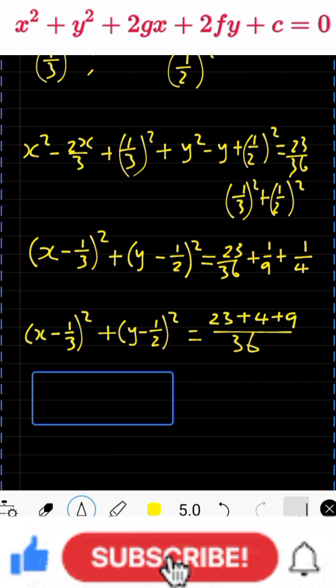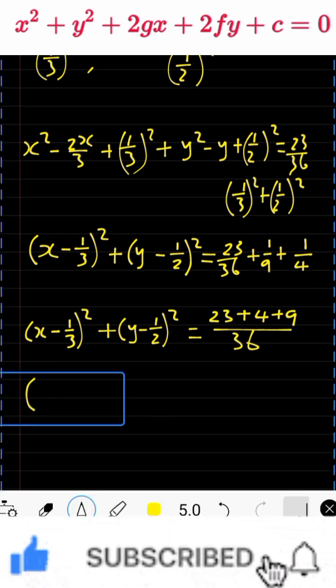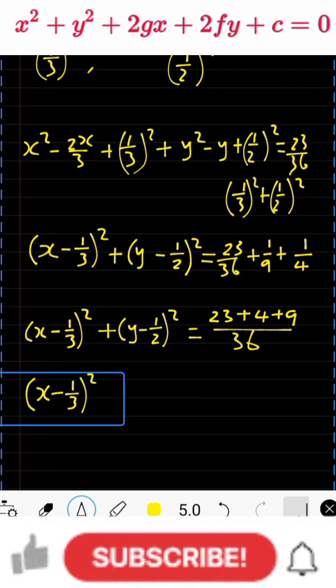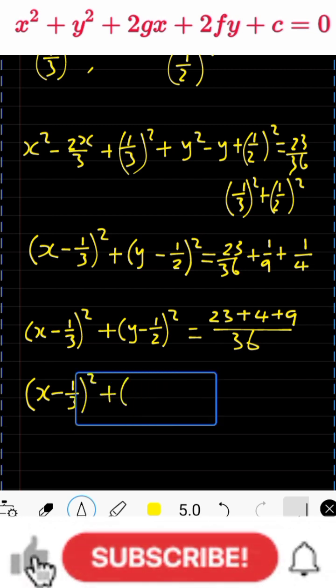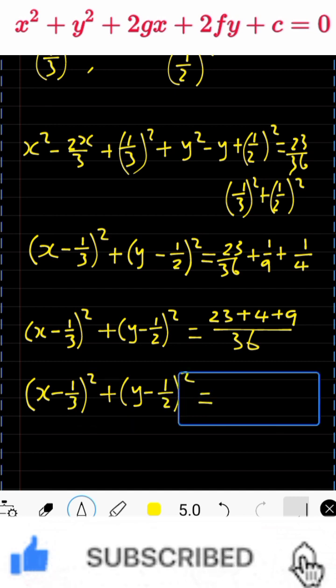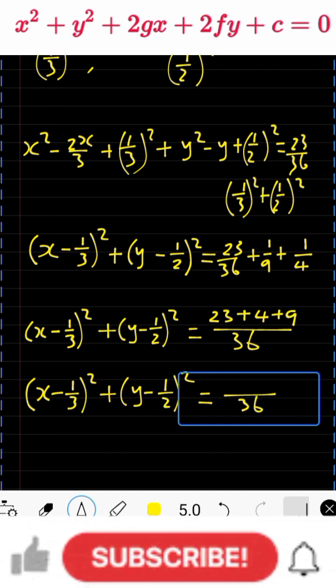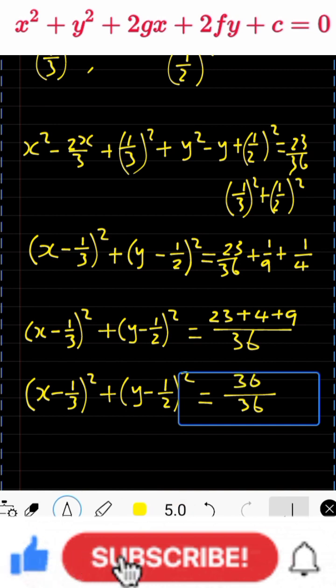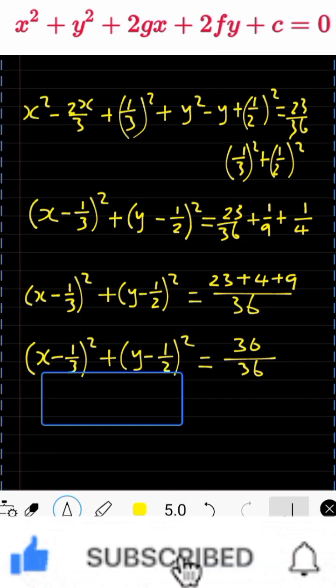So the expression becomes x minus 1 over 3 squared plus y minus 1 over 2 squared is equal to 23 plus 4 plus 9, which is going to give us 36. So 36 divided by 36 is 1.